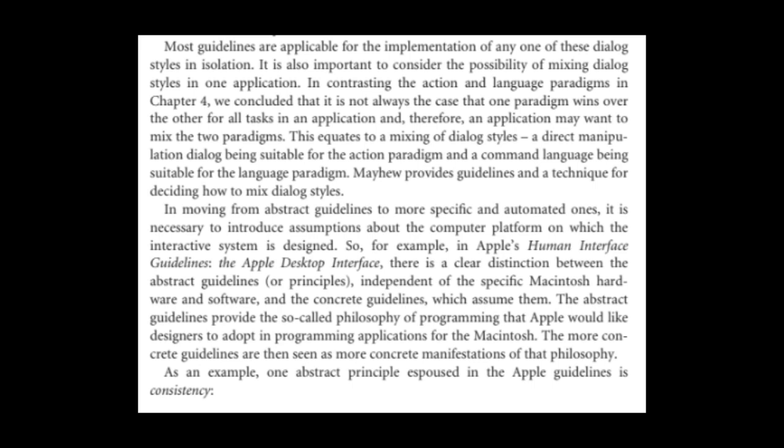The abstract guidelines provide the so-called philosophy of programming that Apple would like designers to adopt in programming applications for Macintosh. The more concrete guidelines are then seen as more concrete manifestations of that philosophy. As an example, one abstract principle espoused in Apple guidelines is consistency.